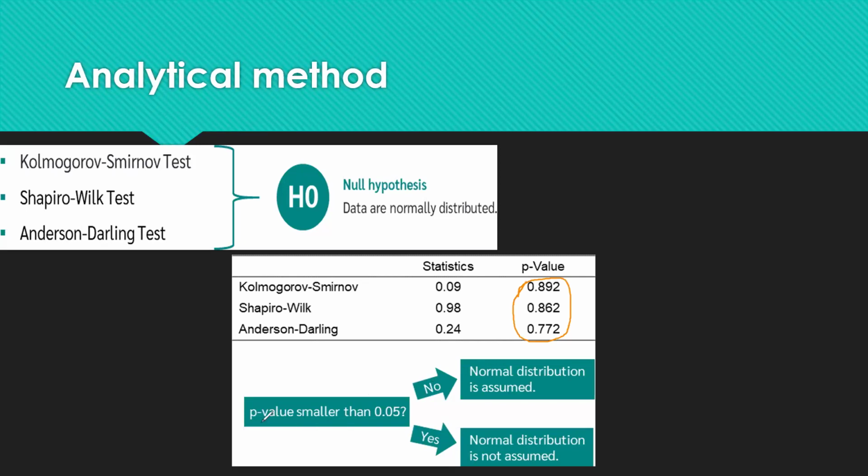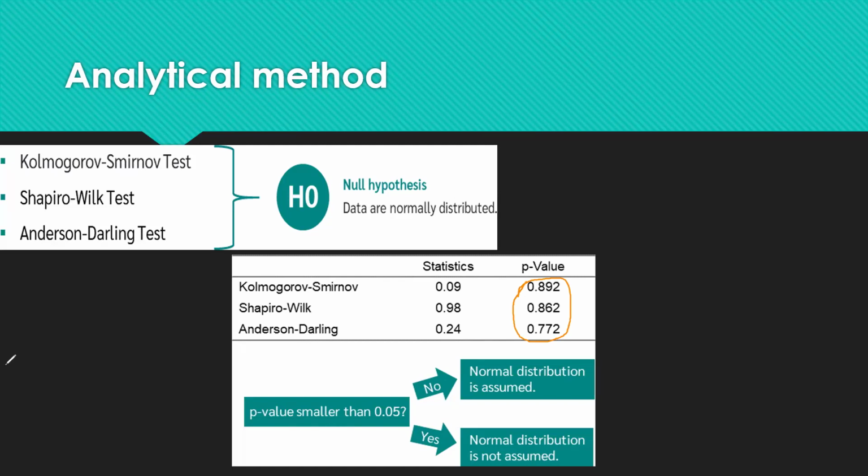For example, a p-value smaller than 0.05 means that the normal distribution is not assumed. But if it is greater than 0.05, it means that the normal distribution is assumed. So this is one of the first methods we use in determining the normal distribution of data.